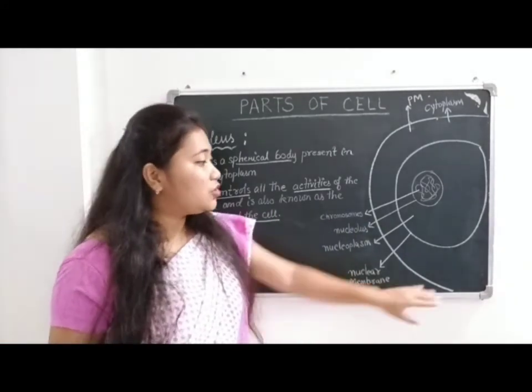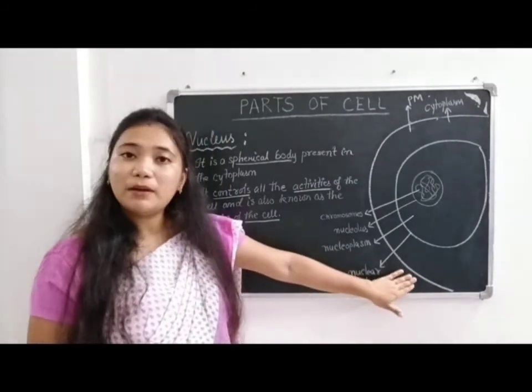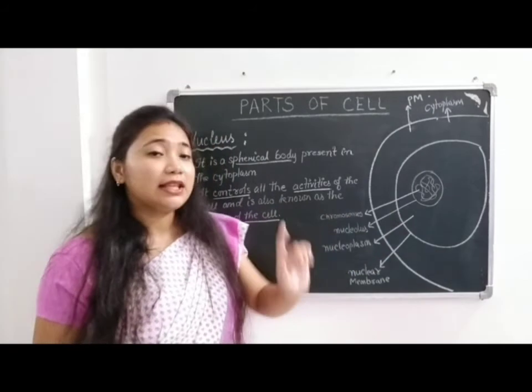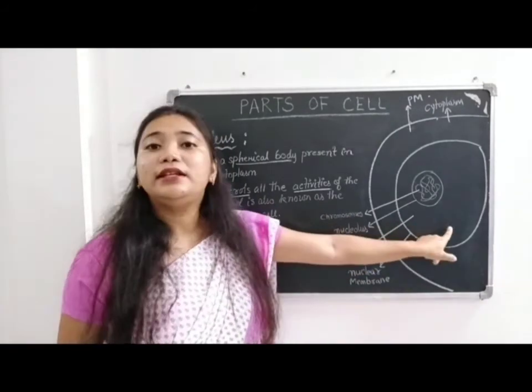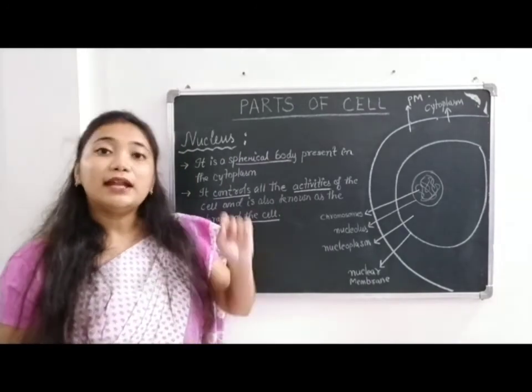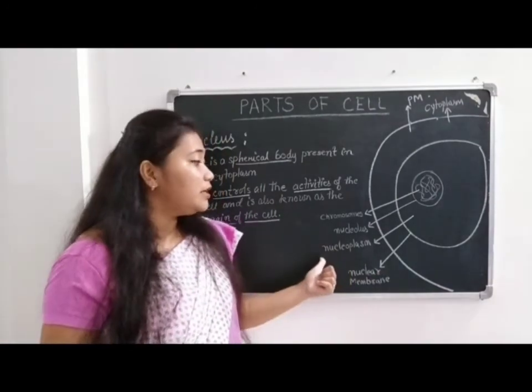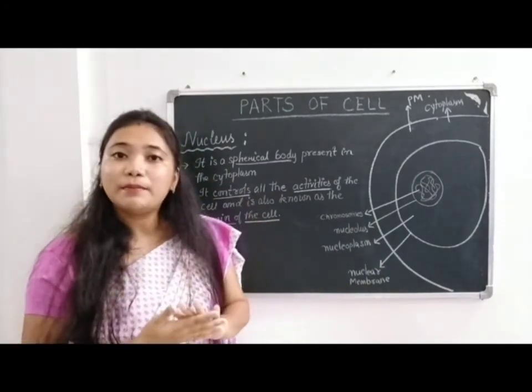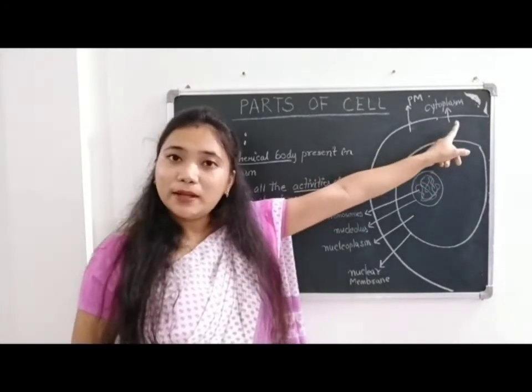Now again, just like the plasma membrane, inside which was the cytoplasm, inside the nuclear membrane there is again fluid present, and this time the name will be nucleoplasm. Earlier, inside the plasma membrane, we called it cytoplasm.